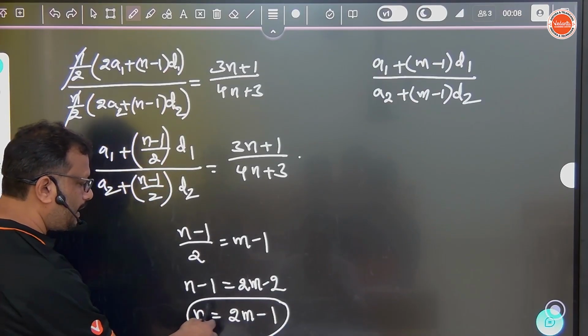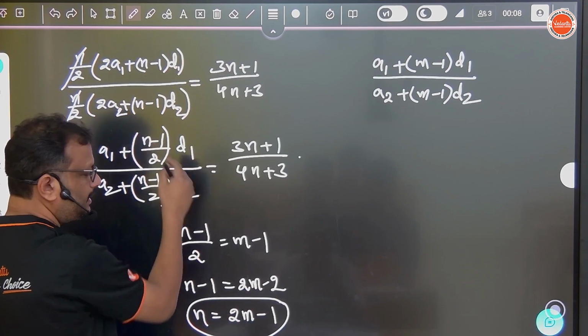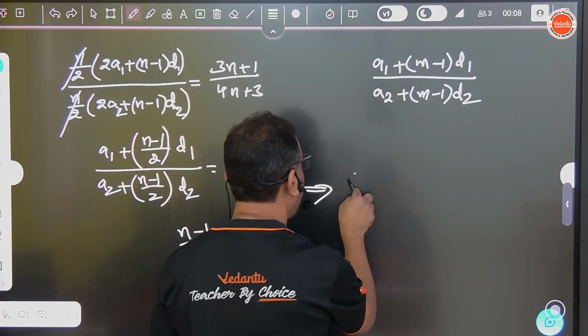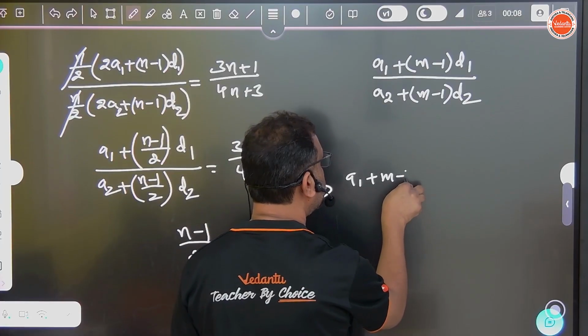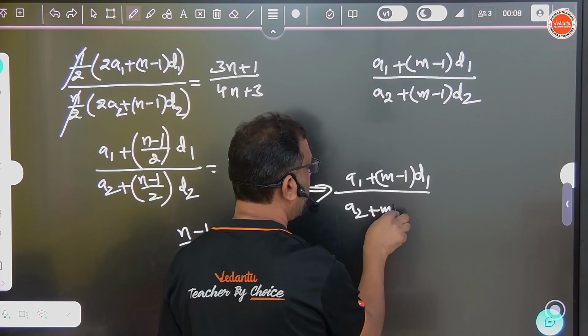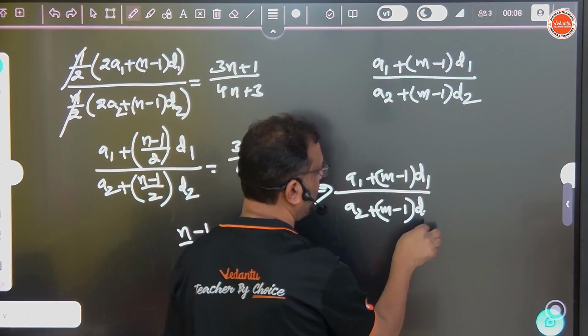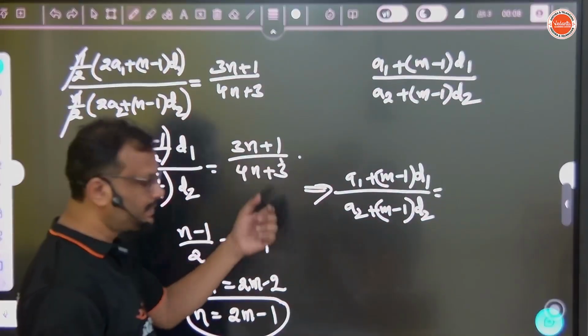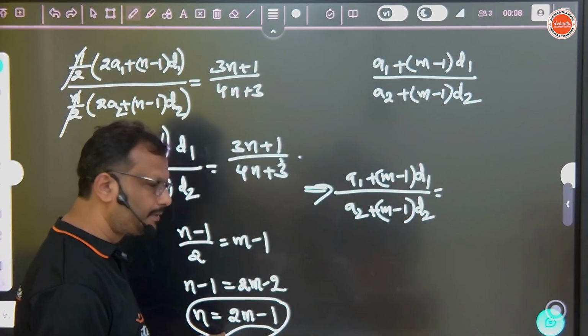If we replace n minus 1 by 2 with m minus 1, what will happen to this one? This is obviously m minus 1. So from this, what will we get now? a1 plus m minus 1 into d1 by a2 plus m minus 1 into d2 is equal to how much now? In place of n, here also replace the 2m minus 1 value.